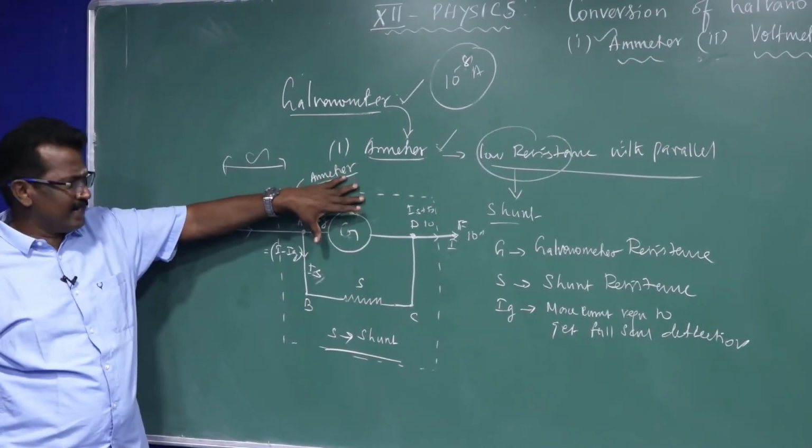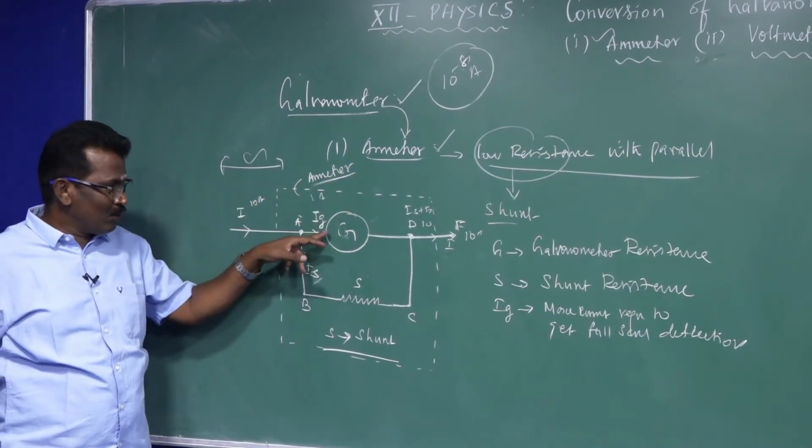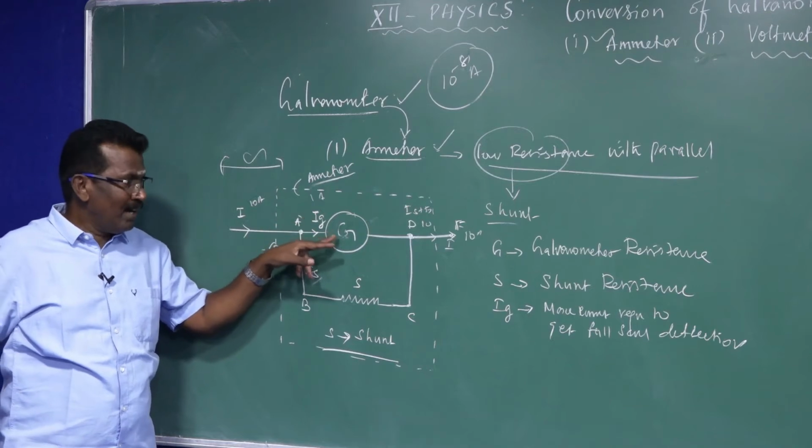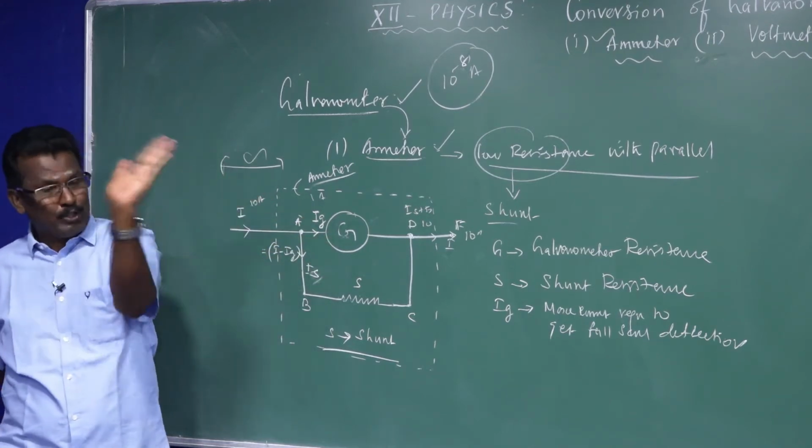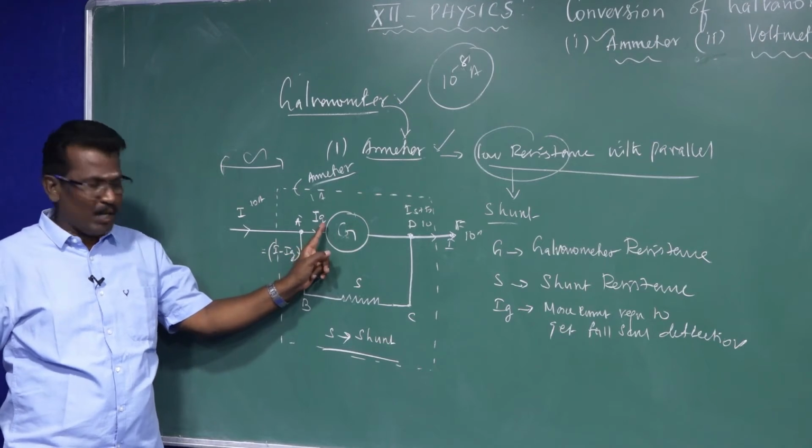The galvanometer has some resistance of its own, that is called G. The current flowing through the galvanometer is Ig. The galvanometer requires some amount of current to get full scale, not half scale. That is Ig, the maximum current required.